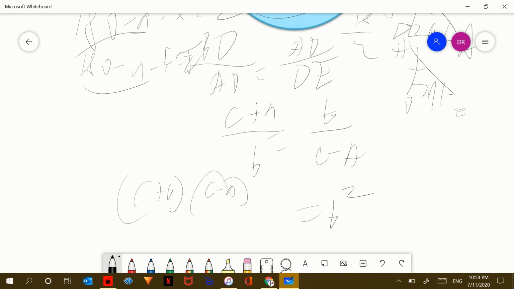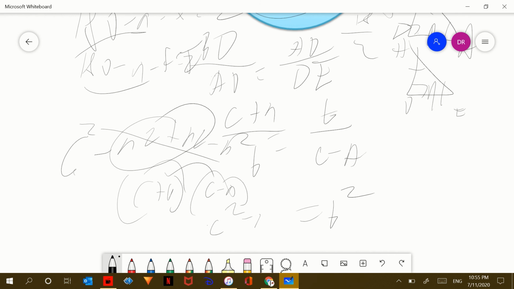As you know, you distribute the C, so it'd be C squared, and you distribute the C again for the A, so it'd be C squared minus AC plus AC minus A squared. Because A times C is positive AC, and A times negative A is negative AC. You can see that these two cancel out, so it's just C squared minus A squared is equal to B squared.